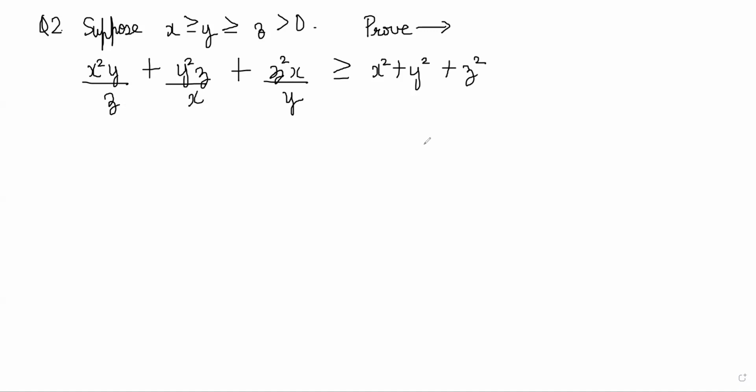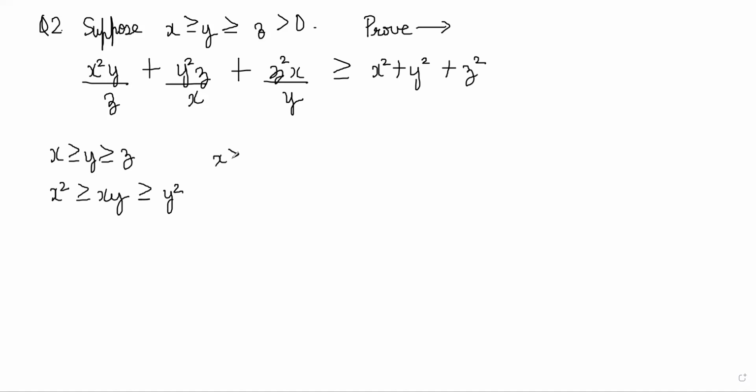Okay, let's think about this one. So we have x is greater than y greater than z. So we can say that since x is greater than or equal to y is greater than or equal to z, x square is greater than or equal to xy, and that will be greater than or equal to y square, right? What have I done?